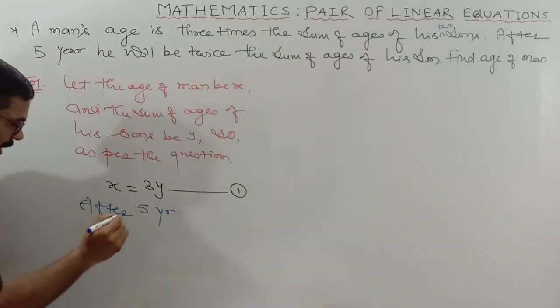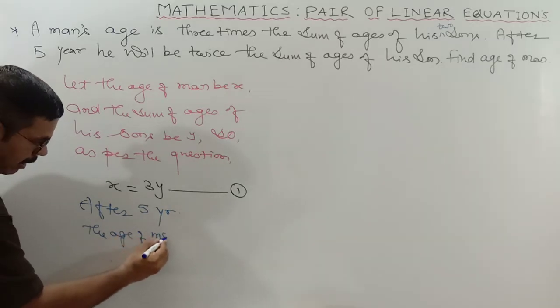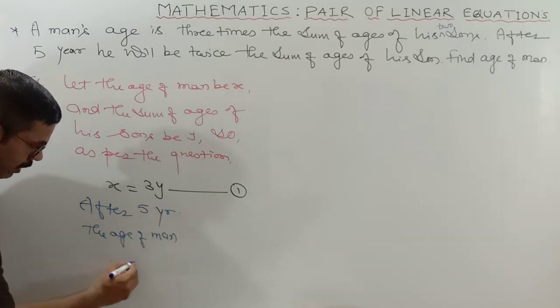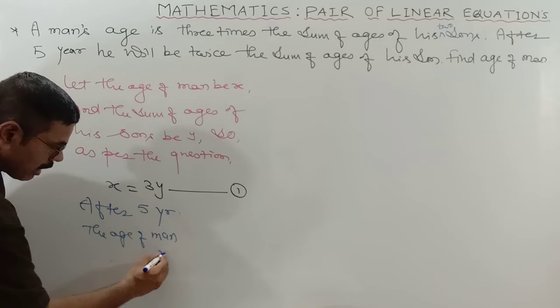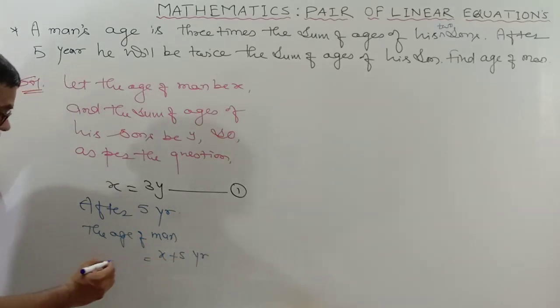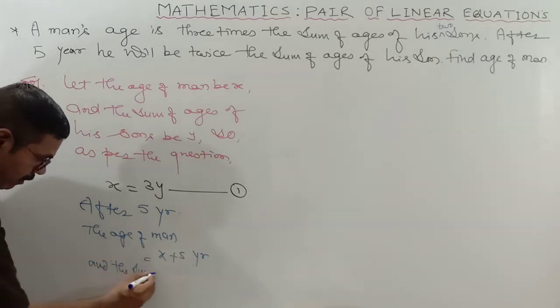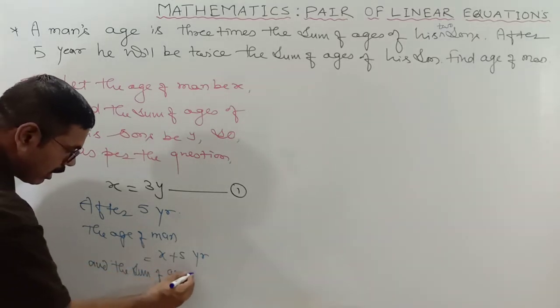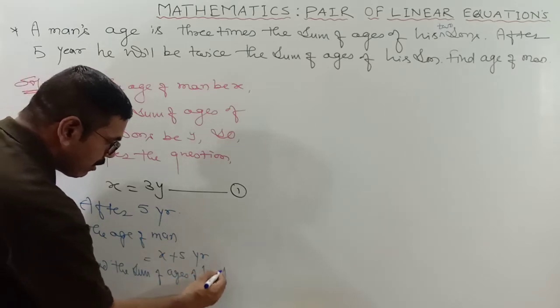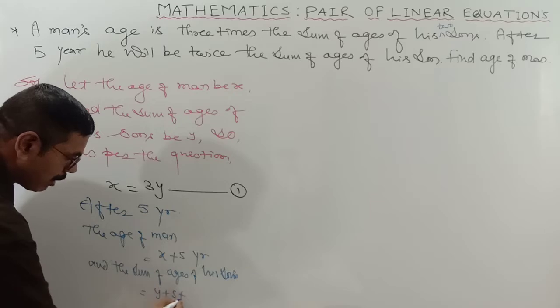So after 5 years the age of man will be, what will it be? That will be x plus 5 years. And the sum of ages of his sons will be how much? y plus 5 plus 5.